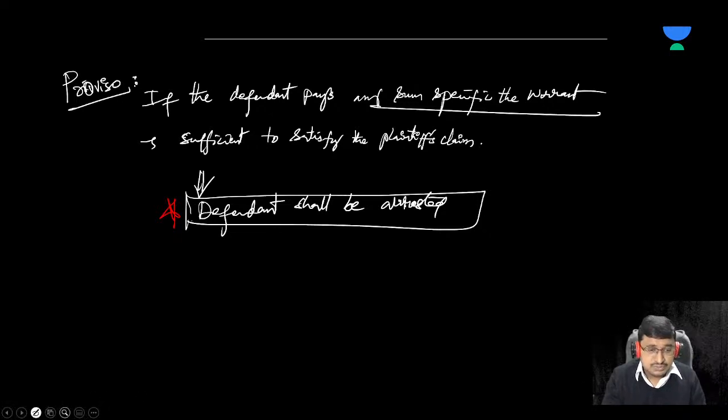Here, Order 38, Rule 2 speaks about security or surety. Okay, security is the title. This is the actual title here, friends. Security.